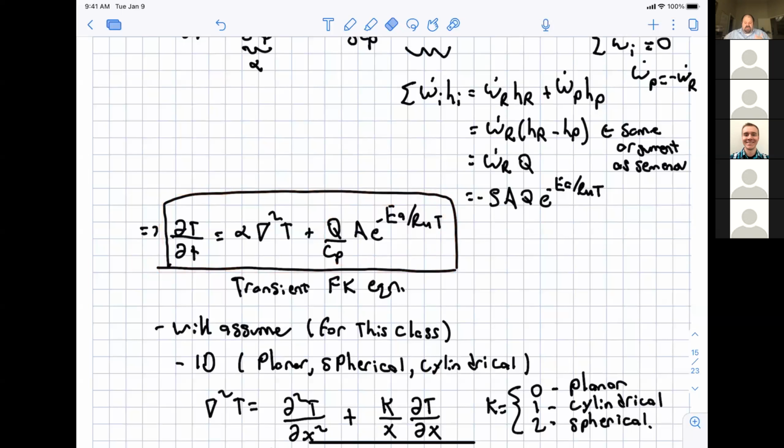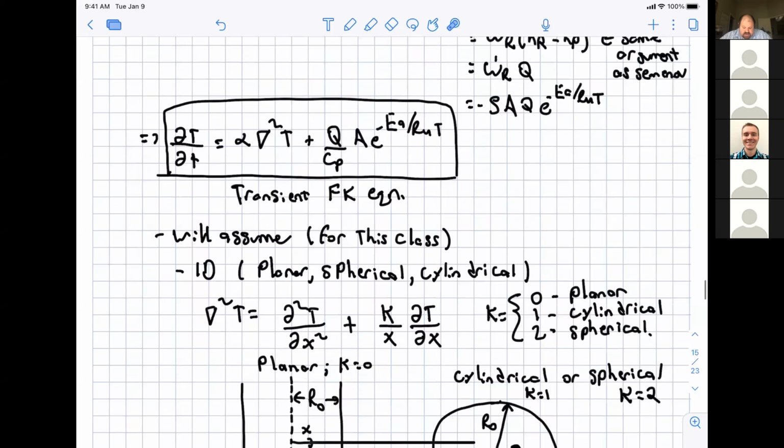And for this class, we will assume this works for multidimensional scenarios. And if you want to see if the solution is going to explode or not, you basically just solve this equation using your favorite solver, marching it in time and seeing whether the solution runs away or not.